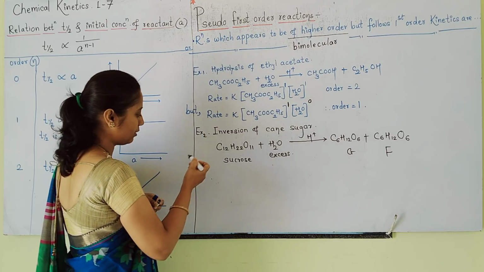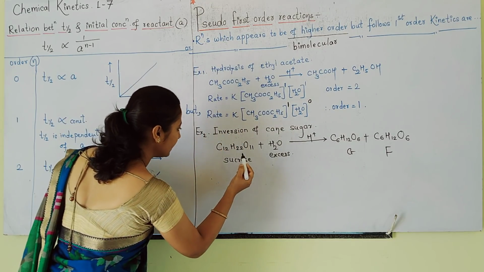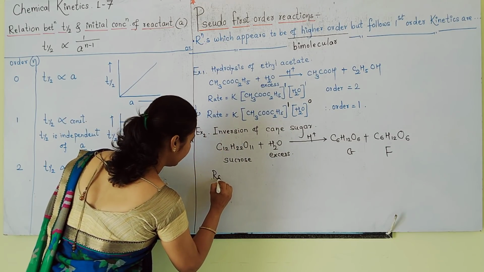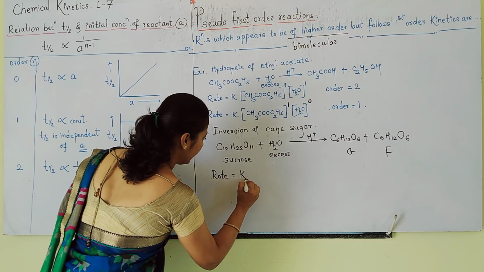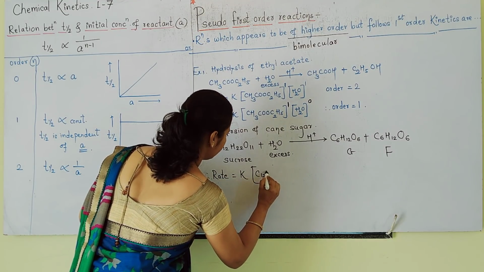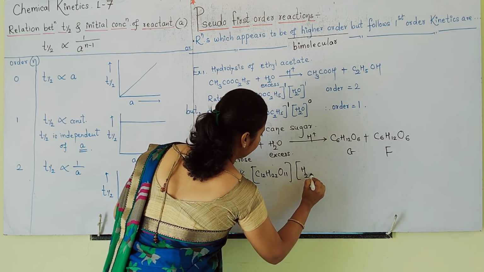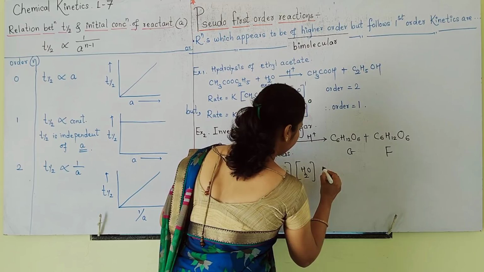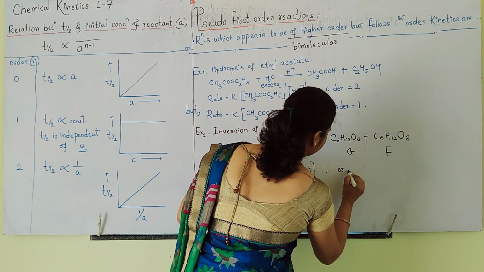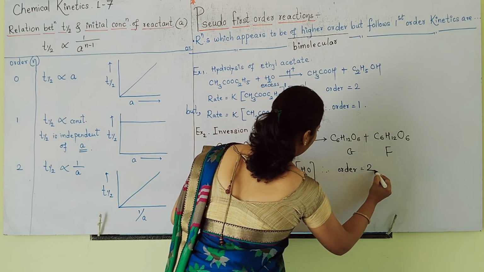Now, how can we write its rate, student? Generally, rate is equal to k and the concentration of sucrose and water. Therefore, order becomes 2.